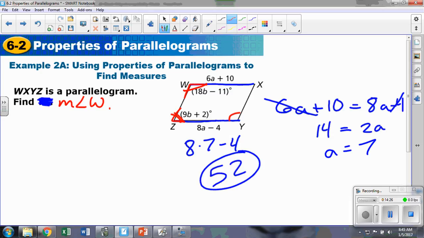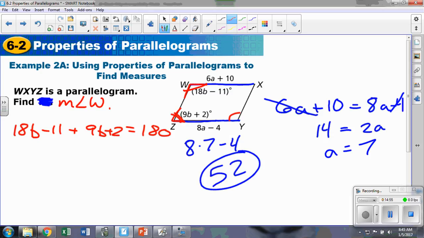We can create our equation there saying angle W plus angle Z has to be 180 degrees. And you'll notice then that it's a different equation based on a different relationship, but the process is still the same. Recognize the fact that you're supposed to recognize, create the equation, and solve it.